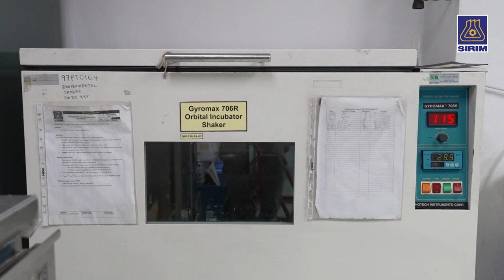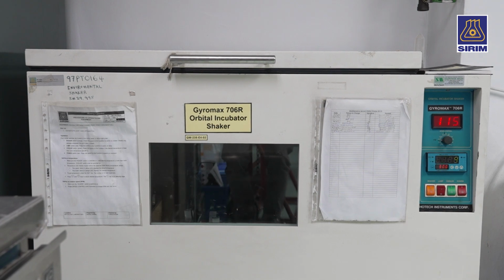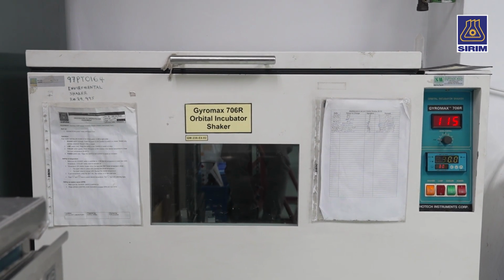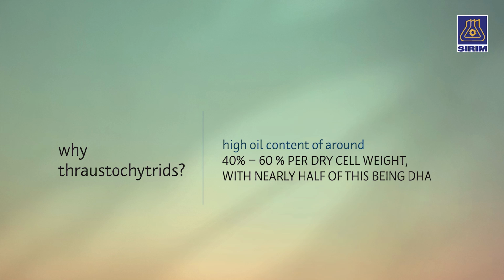So in Malaysia, we have health-conscious consumers, so they would love to purchase designer eggs with high omega-3 and high DHA content. There is a local market study done in Malaysia which studied consumers' behavior regarding their egg preference.